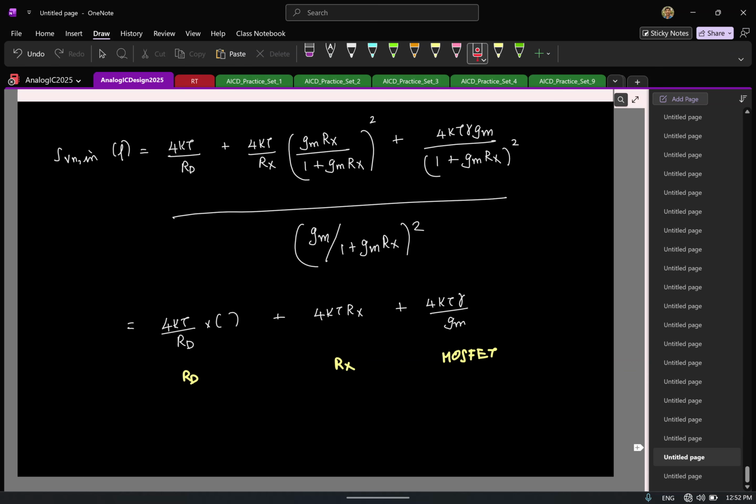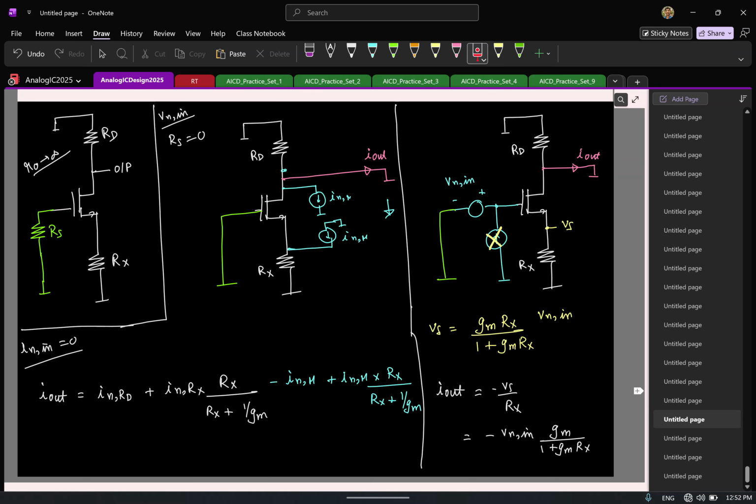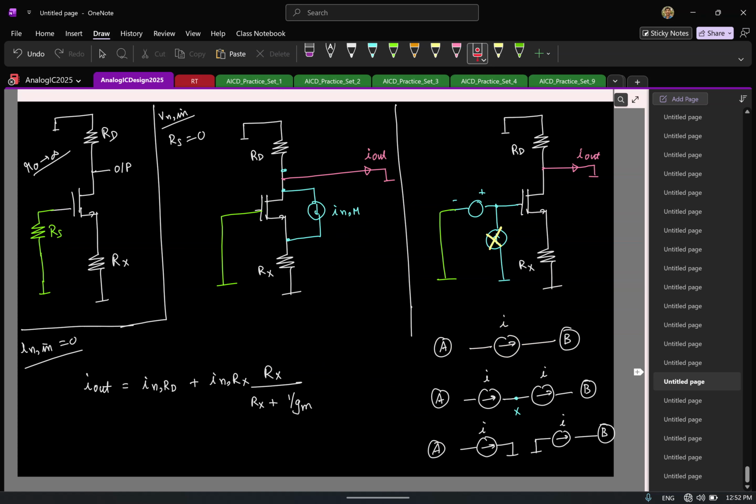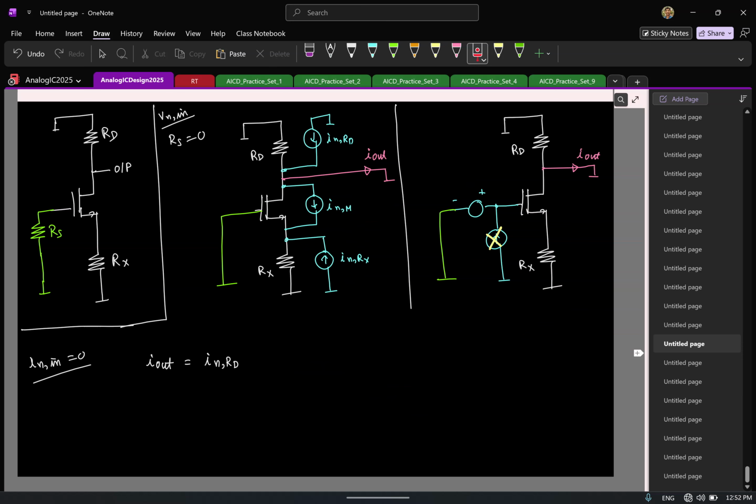This is a good thing, because in the future, for modeling the noise of the MOSFET, you don't need to do this specifically. We can take the original circuit itself and say the noise of the MOSFET can be modeled as a voltage source VnM.